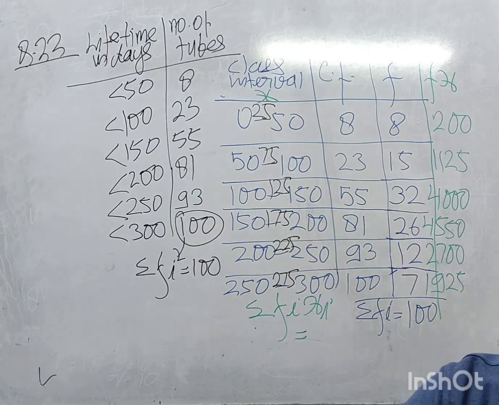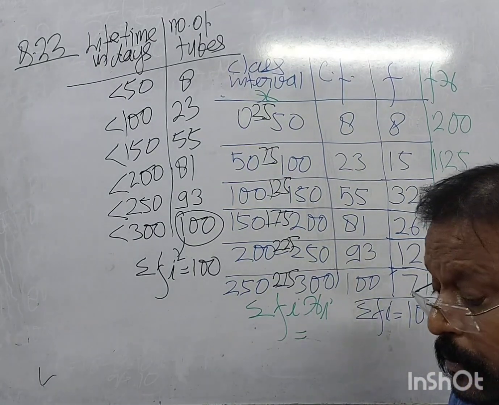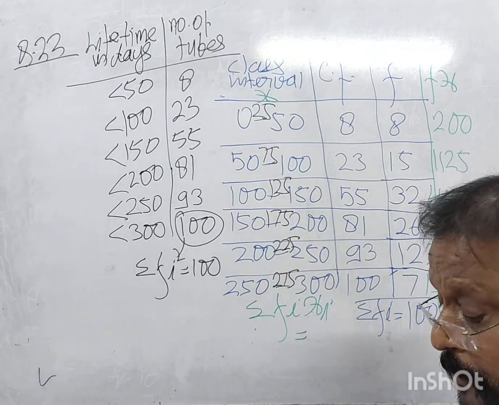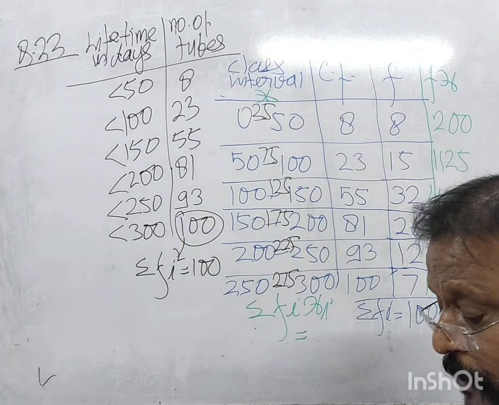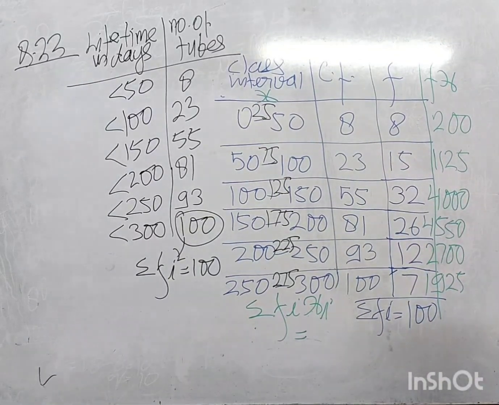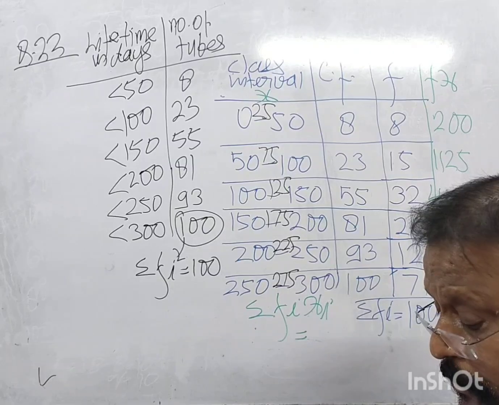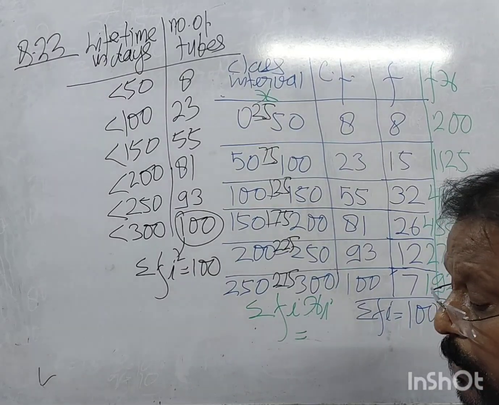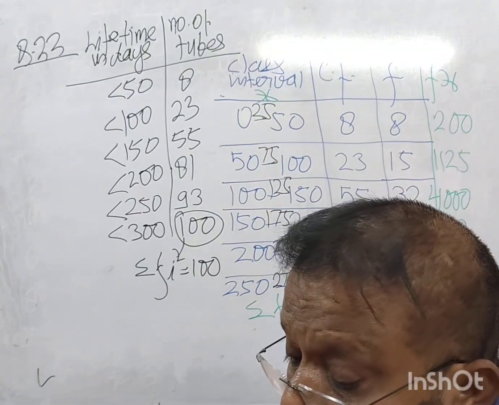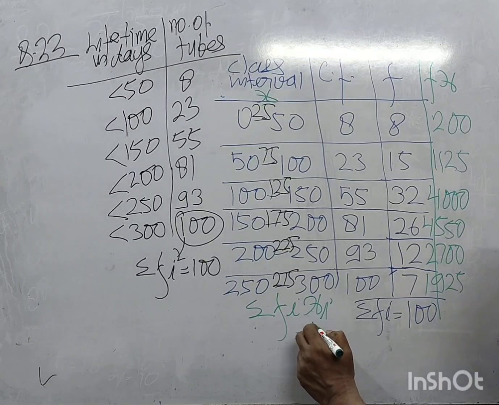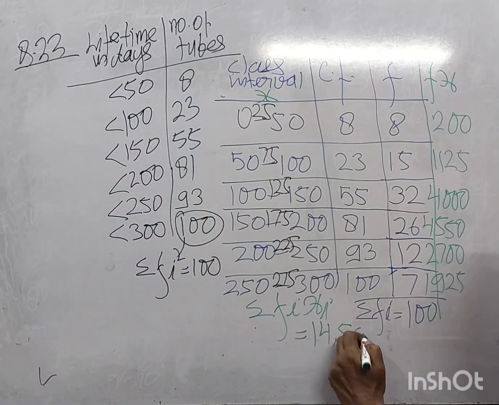Could you tell me this number please? 1925 plus 2700 plus 4550 plus 4000 plus 1125 plus 200. It is 14,500. Right?